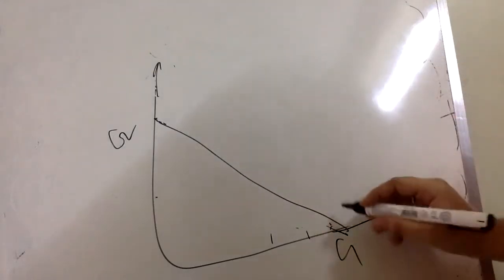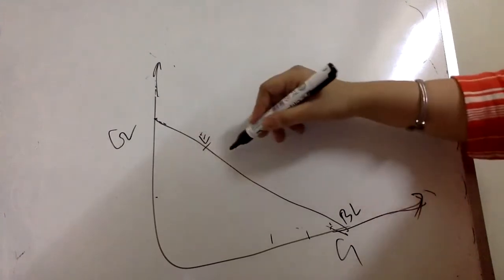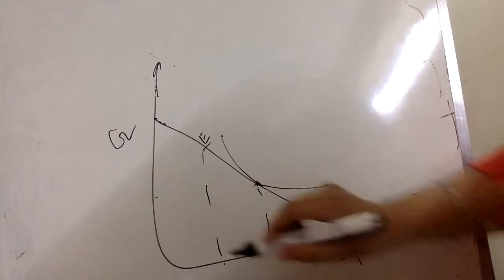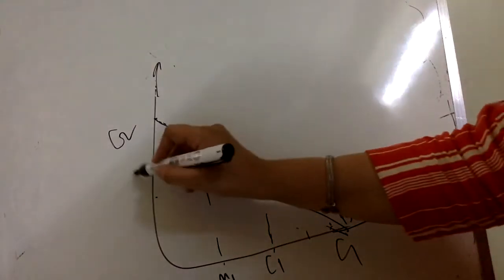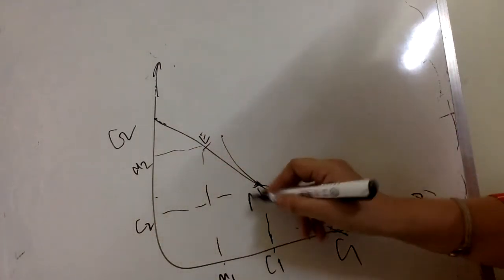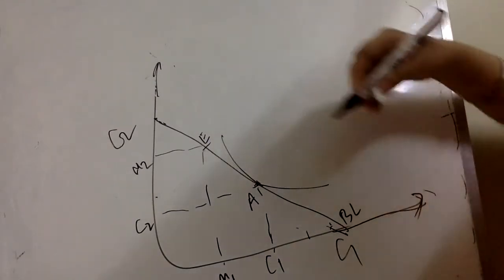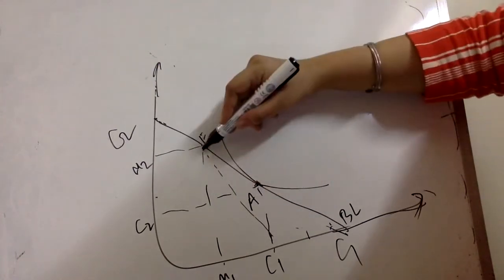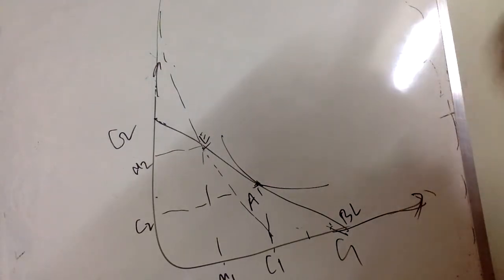So suppose this is my initial budget line and here is my endowment and this is my point of consumption, and I am borrowing, so my consumption point is lying to the right of my endowment. So this is point A. Now suppose the rate of interest increases, as a result of which my budget line becomes steeper.